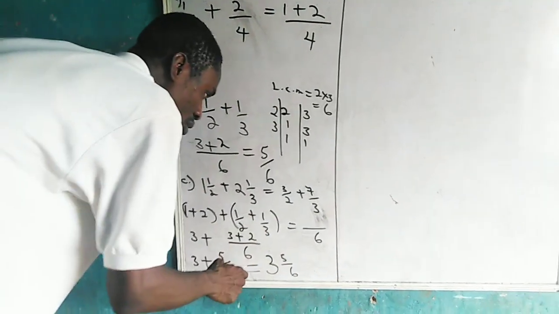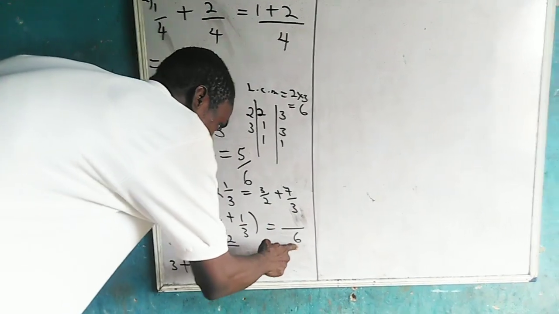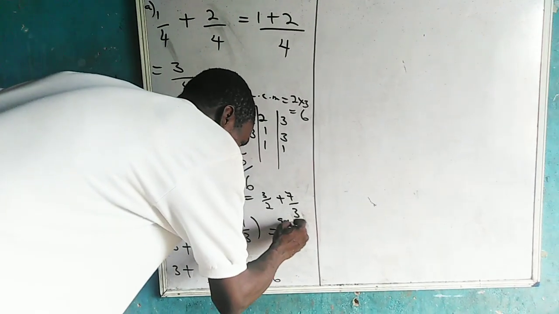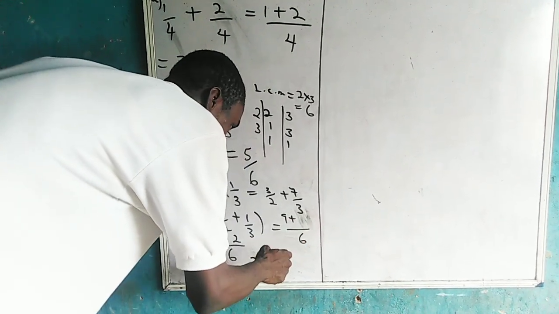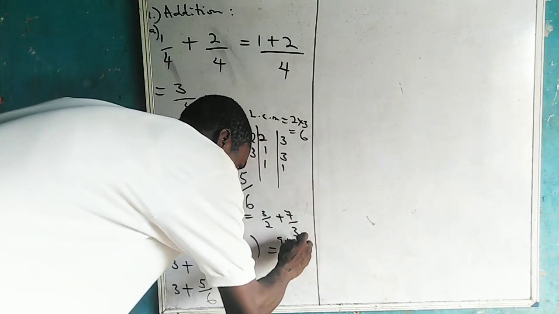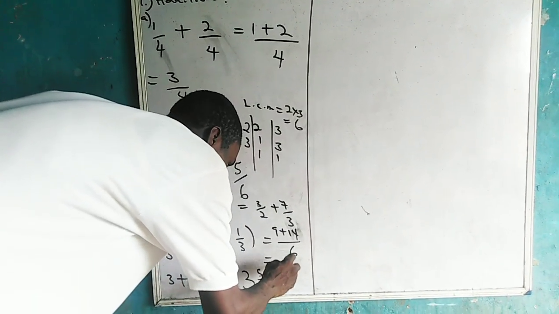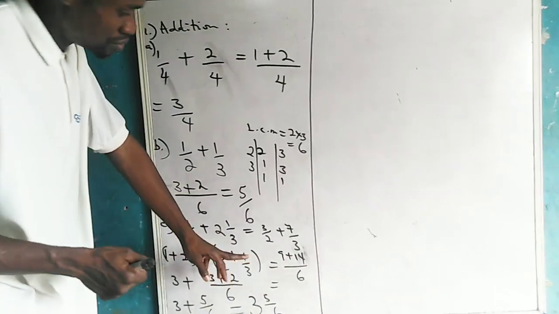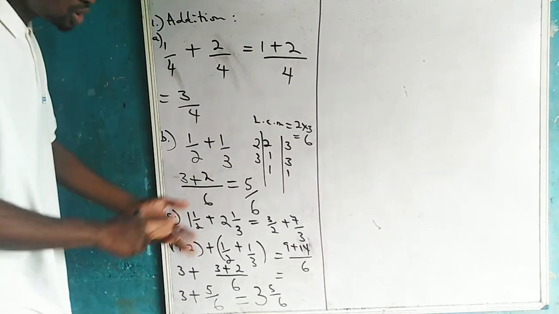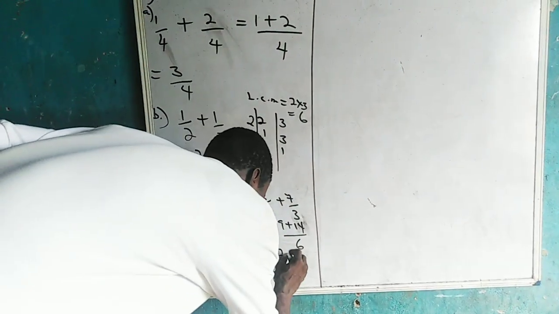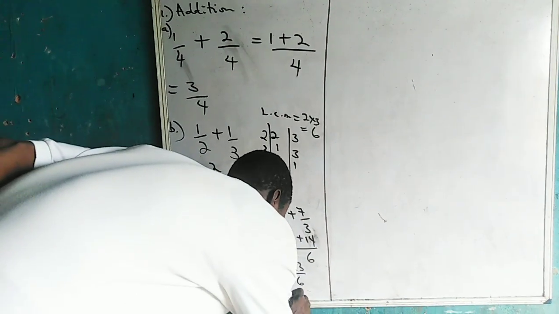Now, 2 into 6 is 3, 3 times 3 is 9, plus 3 into 6 is 2, 2 times 7 is 14. 9 plus 14 is 23. That's 23 all over 6.